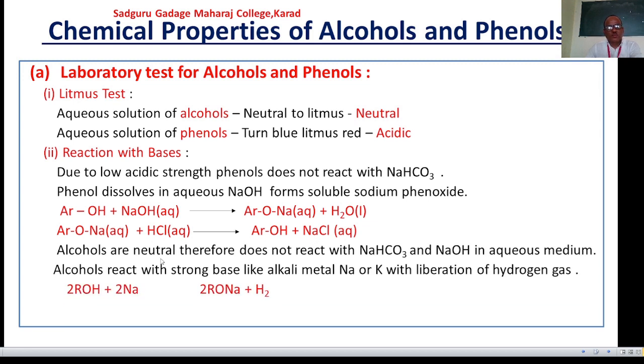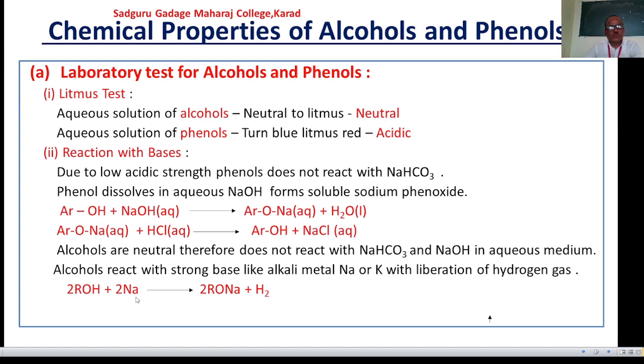Then alcohols are neutral, therefore they do not react with sodium bicarbonate and NaOH in aqueous medium. Alcohols react with a strong base like alkali metals. Alkali metals are sodium or potassium, and hydrogen gas is evolved. So see this reaction: two molecules of ROH, alcohol, and two Na.